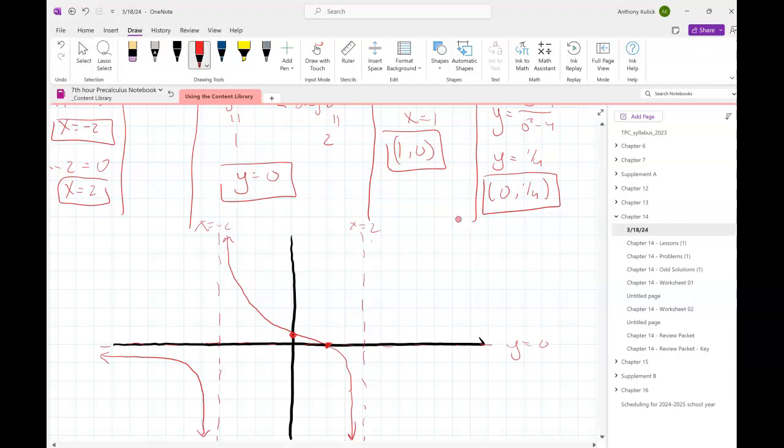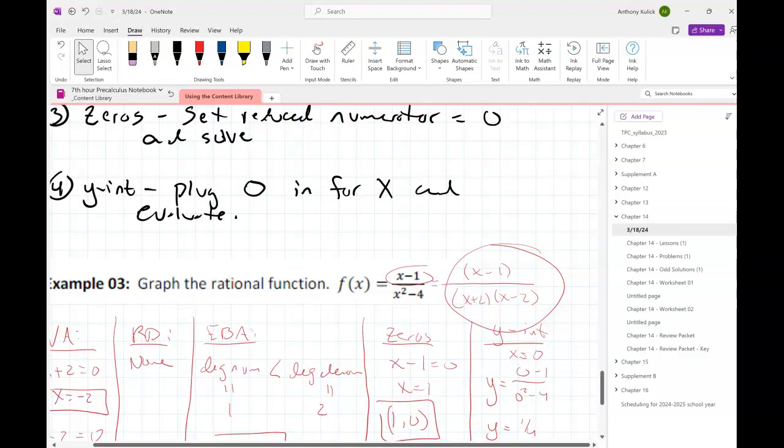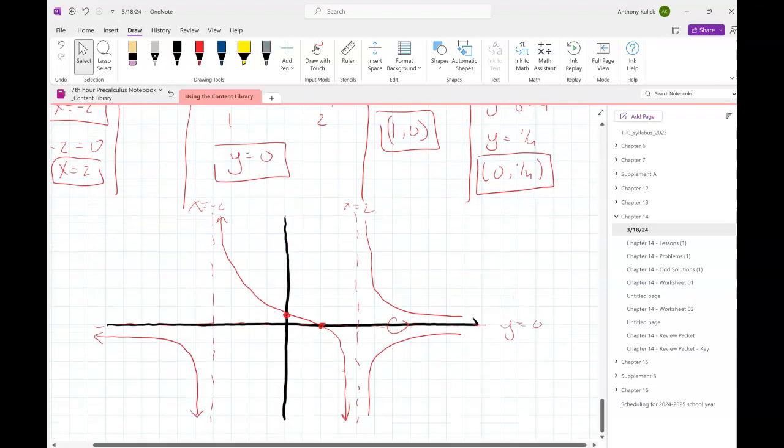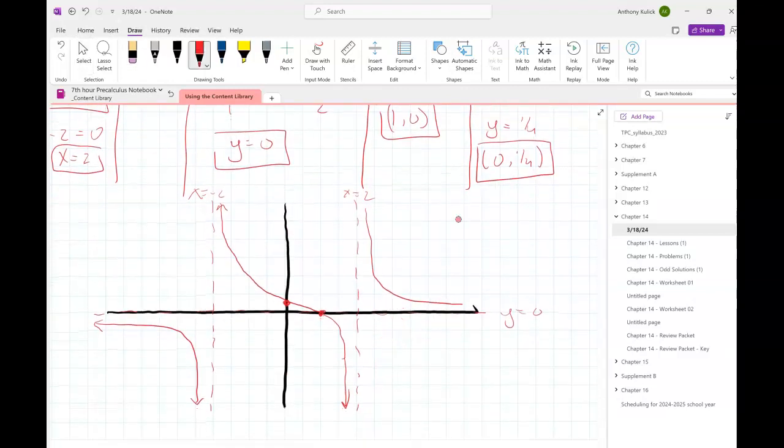And then my last piece is here. I know it's going to look like one of those two things. To check, I'll pick a value for x over here, say positive 3. If I plug in positive 3, I get positive over positive times positive, which is all positive. So I want the piece that's above the x-axis. And there I go. What do you guys think?